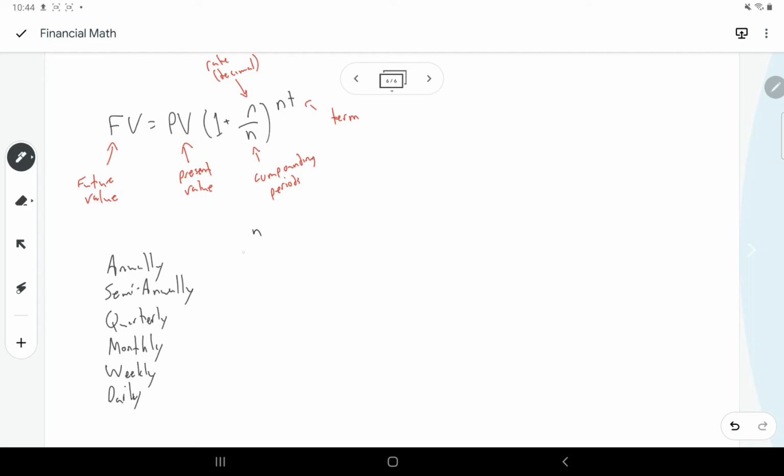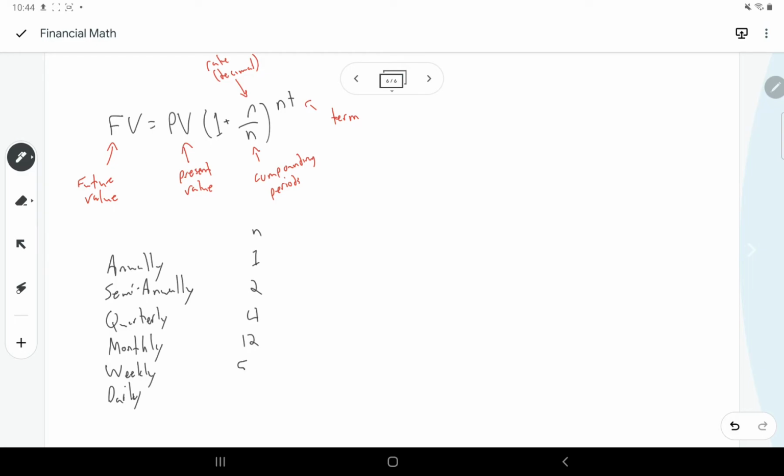So in these cases, we have different values for n. Annually is just once per year, so n is 1. Semi-annually is twice per year, so n is 2. Quarterly, 4 times a year, 4. Monthly, 12 months in a year. There we go. So n is 12.